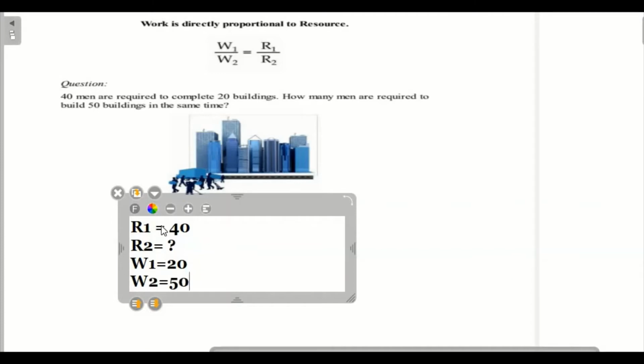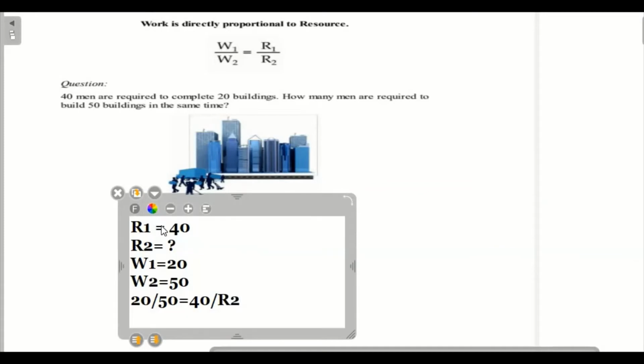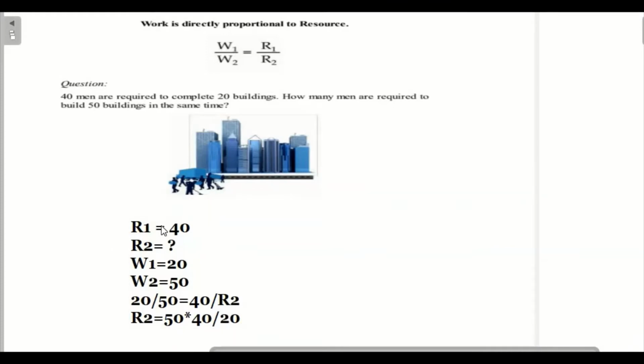So we substitute in the formula: 20 by 50 is equal to R1 as 40 by R2. This is the formula, and as I said earlier, we cross multiply it. So R2 equals 50 into 40, divided by 20.